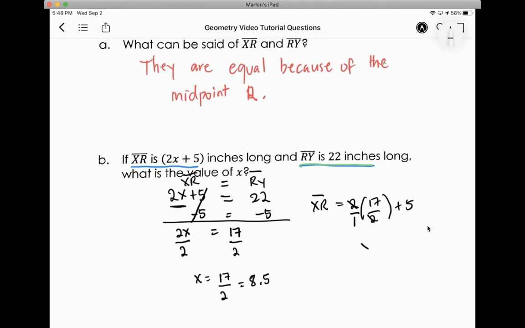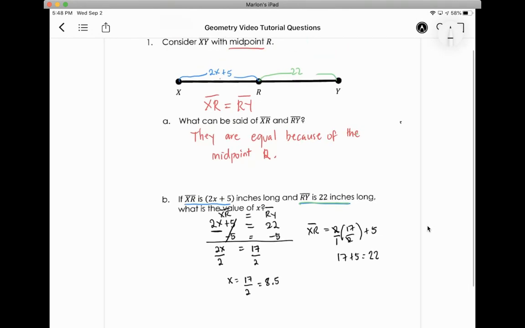That will be 1. So 1 times 17 gives you, of course, 17, plus 5, that gives you 22. So this is 22, our XR, and our RY is, of course, 22. So that is equal. All right.